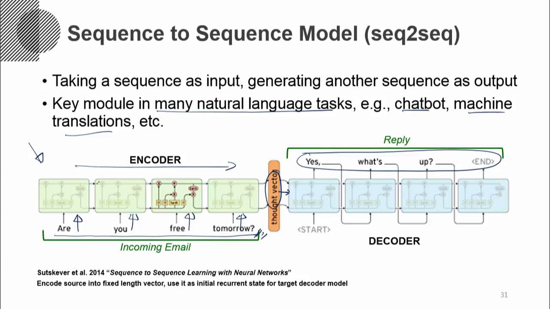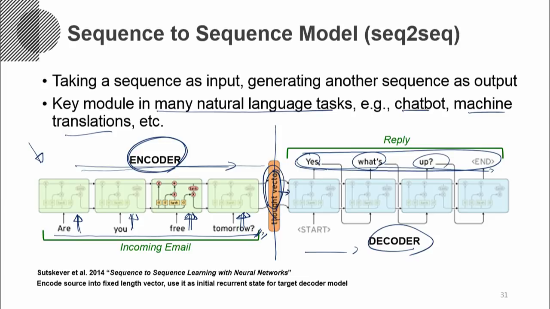So even though they are composed of these two different RNN modules, we can view them as composed of an encoding module and also a decoding module, where the encoder part will extract some meaningful information coming from these input sentences. And then in the decoding phase, it will start to generate these output words based on these extracted feature vectors from this encoding stage.